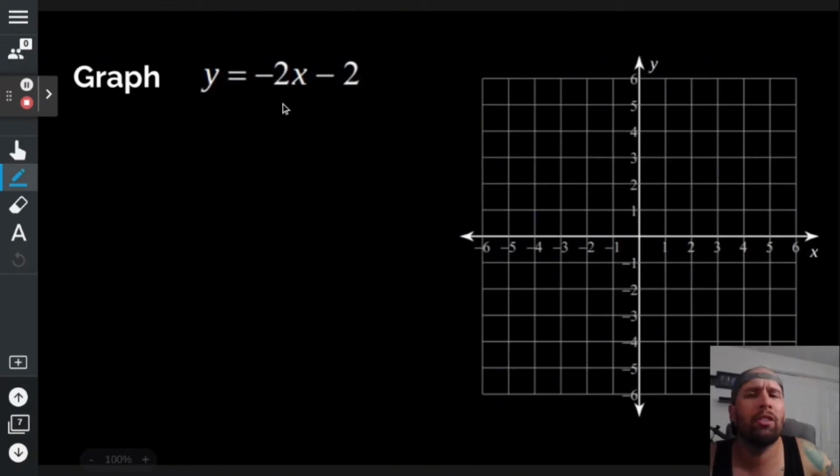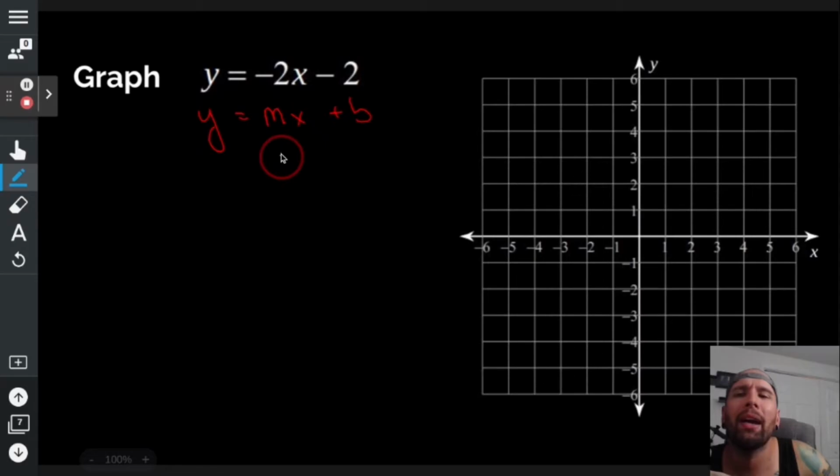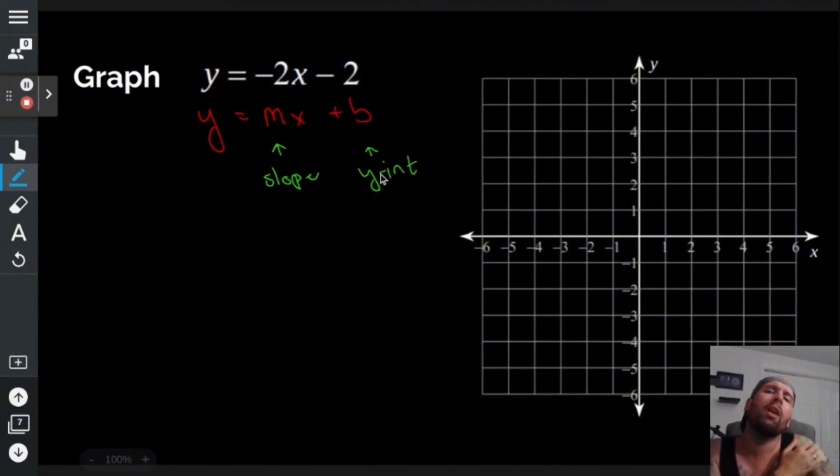Whenever I'm graphing something where y is all by itself, I immediately go to slope-intercept form. Slope-intercept form is y equals mx plus b, where m is my slope and b is my y-intercept. Whenever I see one of these, I automatically care about my y-intercept first because that gives me a starting point, literally.